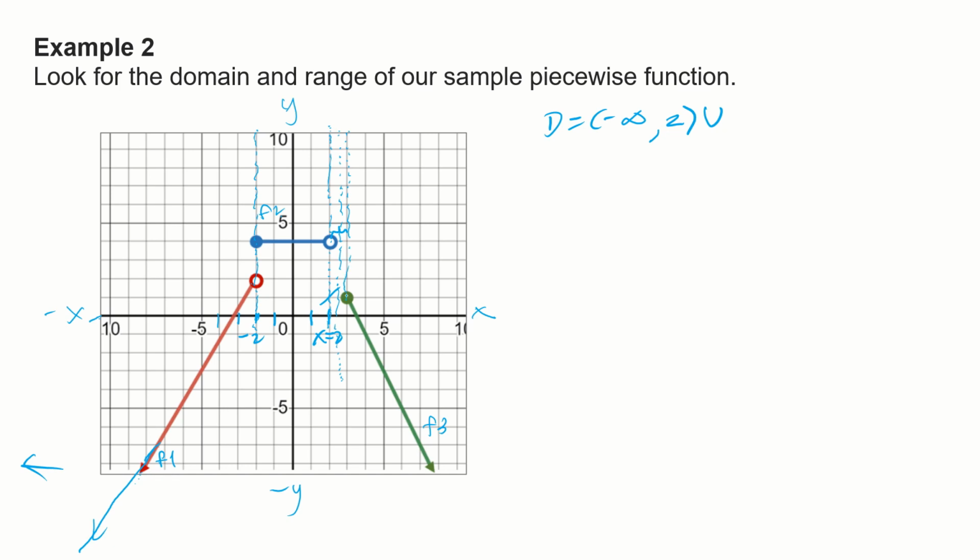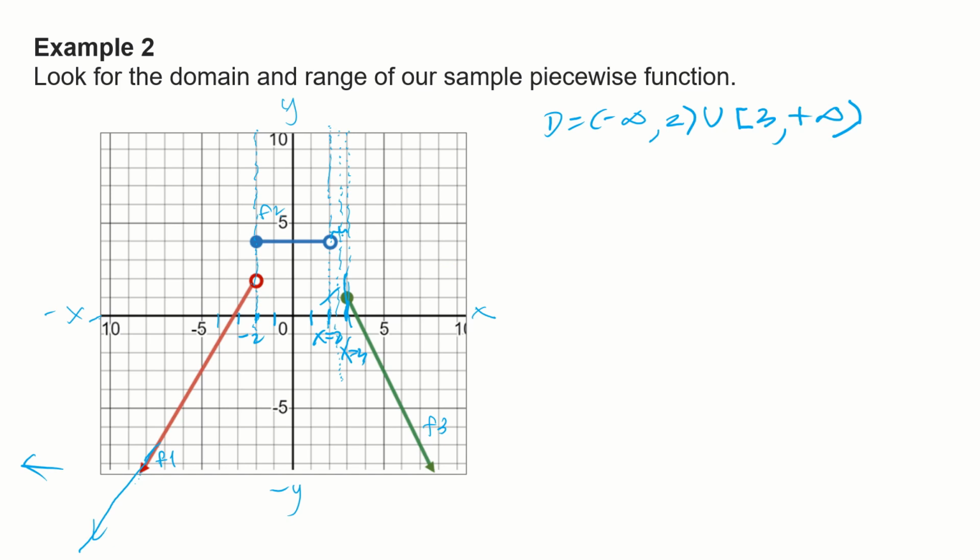At x is equal to 3, 3 is an included value, so we have a shaded circle, therefore 3. And since we have an arrowhead here, we know that this is progressing towards the positive infinity of x.